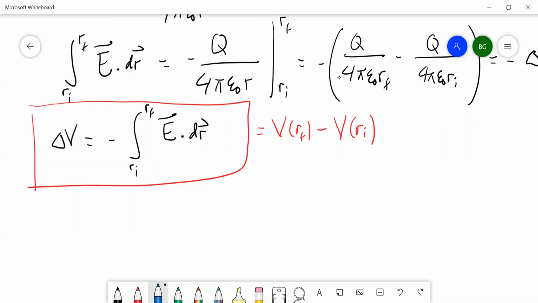Usually this Ri, we call it a point of reference. So if we talk about the potential, it depends on how you set this point of reference. I will give you an example.